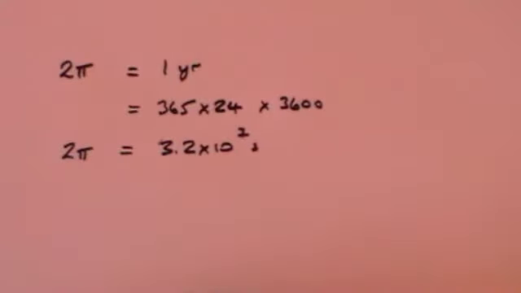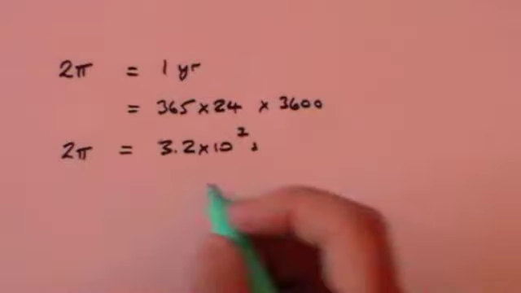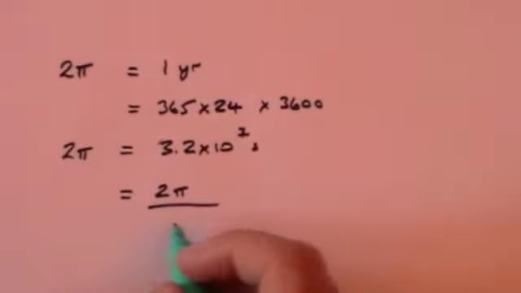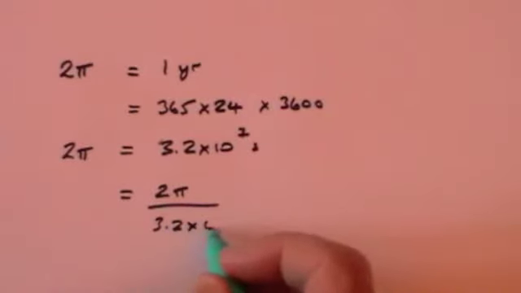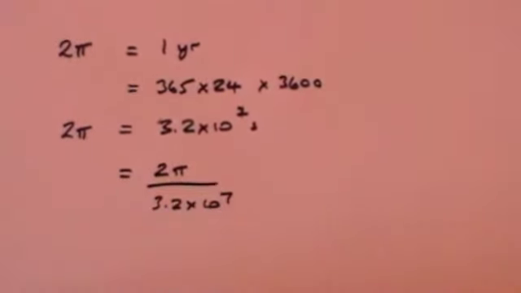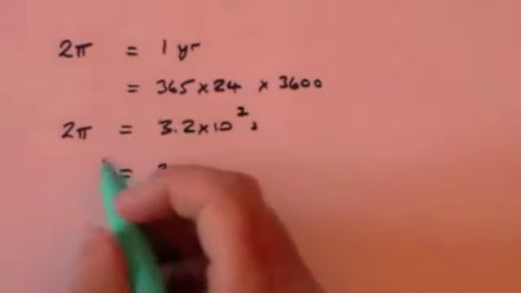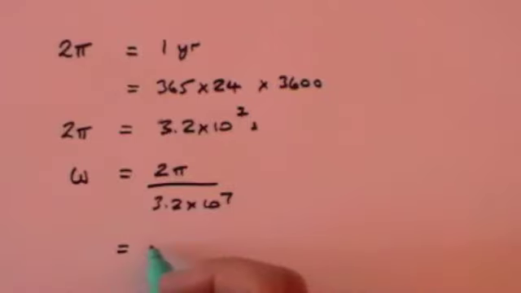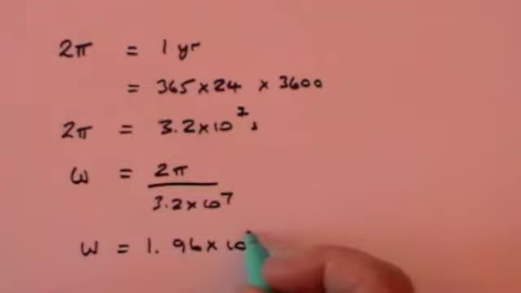So if you want to know what the angular velocity is in radians per second, that is going to be 2 pi divided by 3.2 times 10 to the 7, and that works out at, as it were, the angular velocity, which is omega, and that is going to be 1.96 times 10 to the minus 7 radians per second.